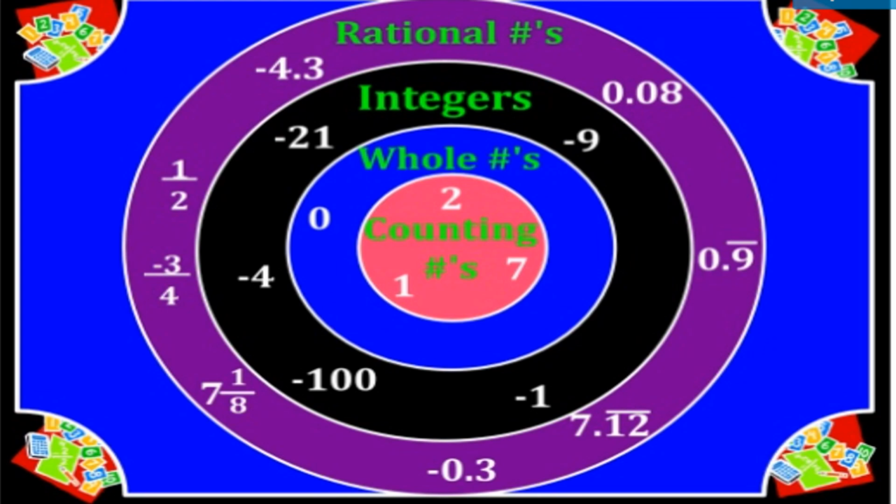Actually, class, everything inside is held by the rational numbers. They are also rational numbers, because they can be written as a ratio. When we say rational numbers, it is a ratio of two numbers. Take whole numbers: 0, 1, 2, 3, 4, 5, 6, and so on.